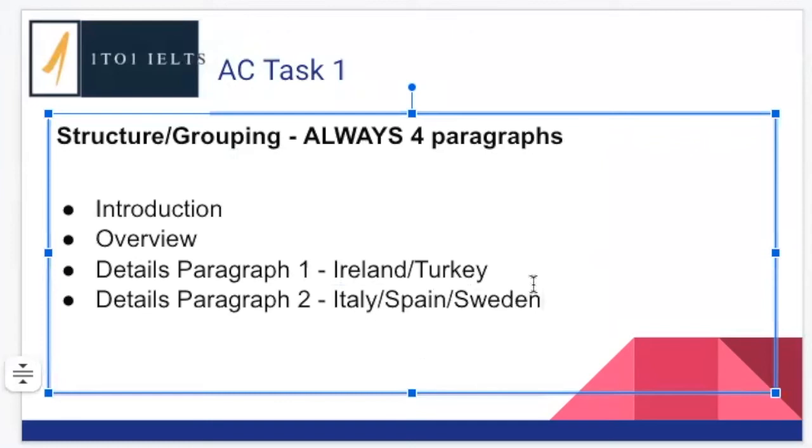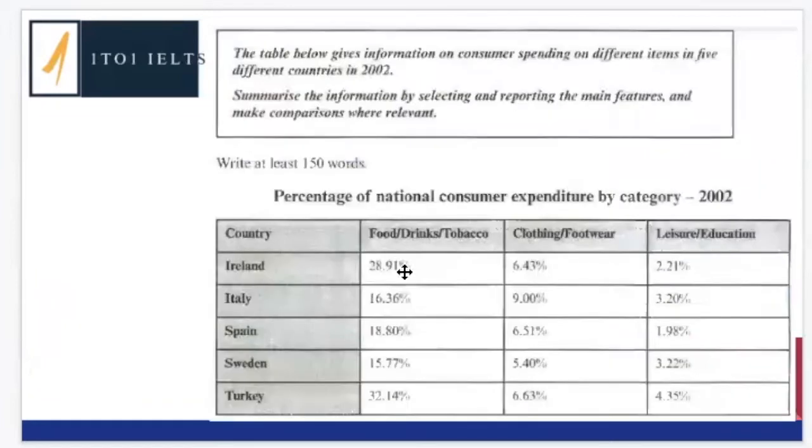There are often some charts where you'll have options for your grouping. So I would say here we don't have options. The only thing that really makes sense is grouping this way. But sometimes you might get various options. If you're not sure about your grouping, what I would really say is make it very clear why you've grouped in your details paragraphs.